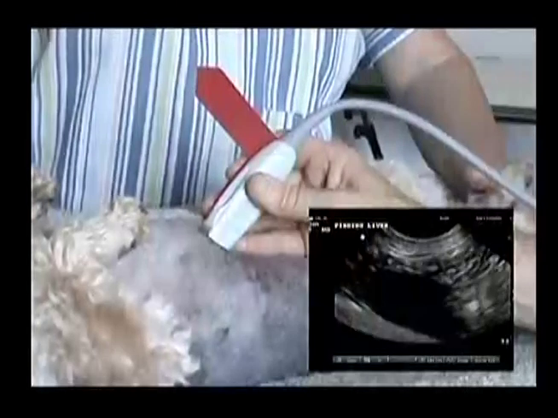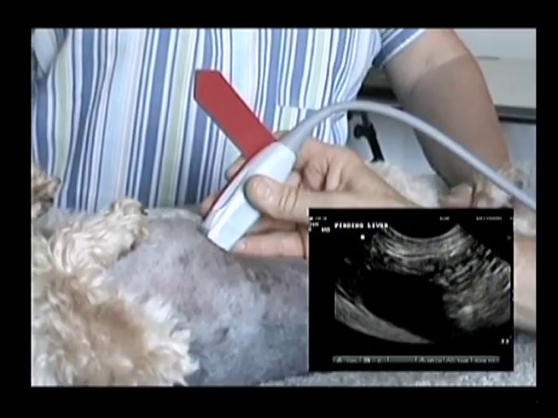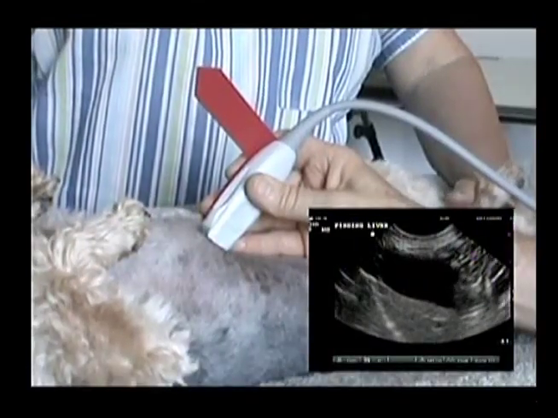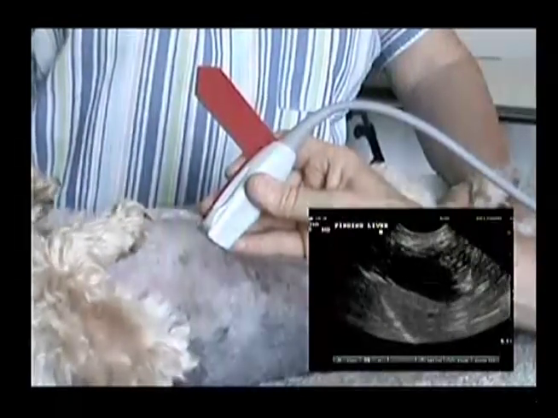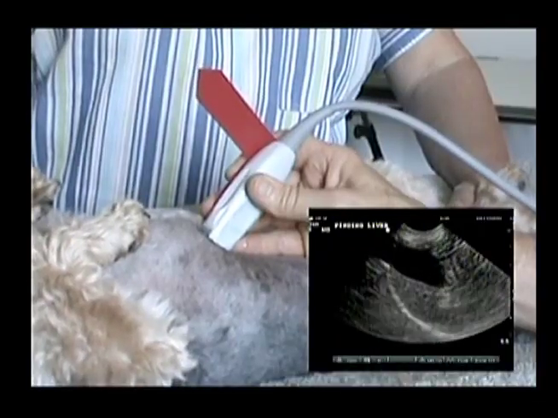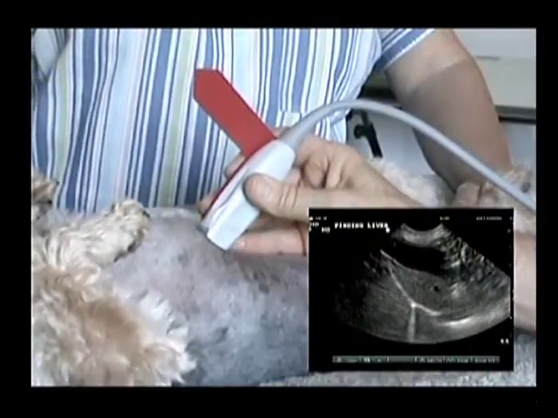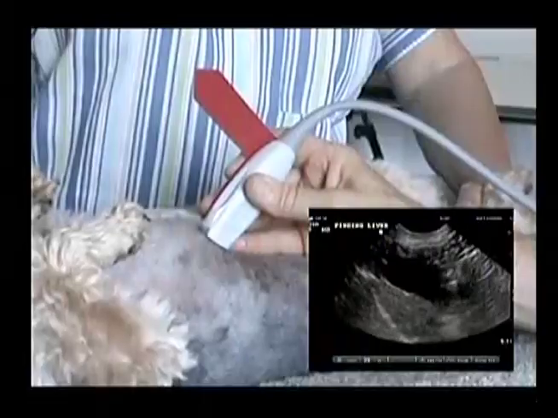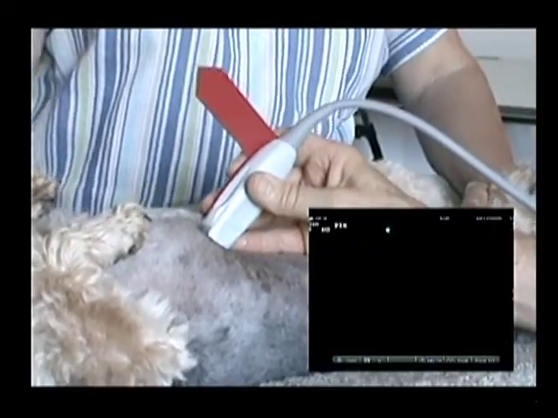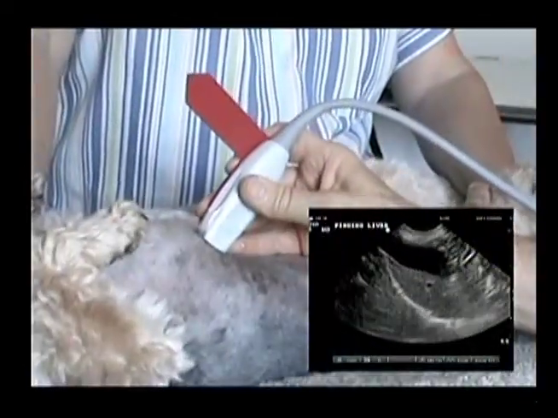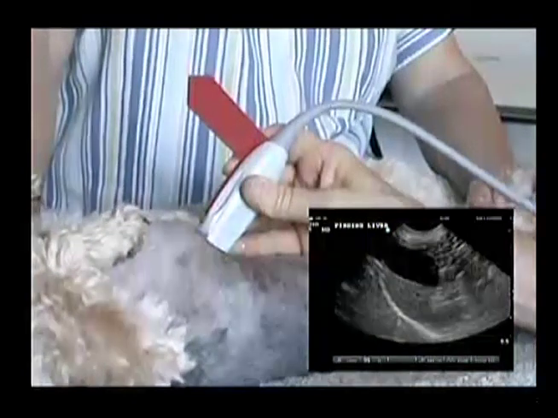In general, I prefer to place the patient in dorsal recumbency and look for the gallbladder in a ventral midline sagittal view from a subxiphoid transducer position. However, in some patients, the gallbladder cannot be seen from this position.